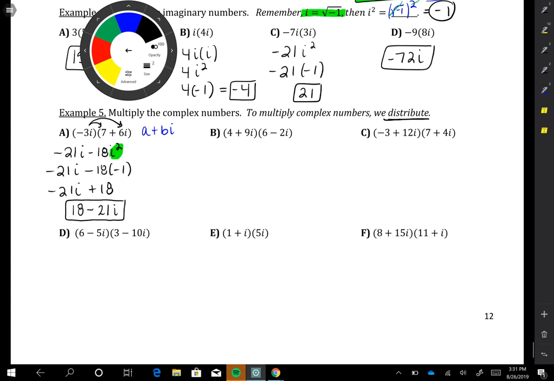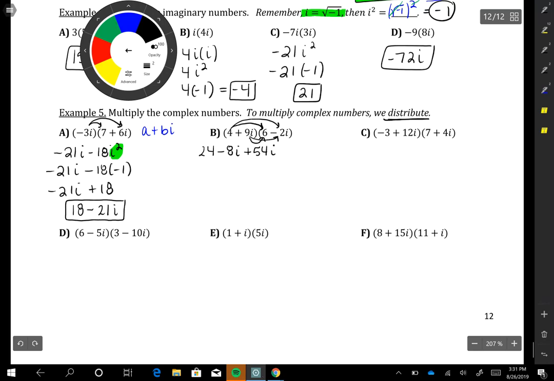Okay. Letter B, 4 plus 9i times 6 minus 2i. This looks like a binomial times a binomial. So we need to distribute 4 to everything in the second complex number, and then 9i doing the same thing. 4 times 6 is 24. 4 times -2i is -8i. 9i times 6 is 54i.